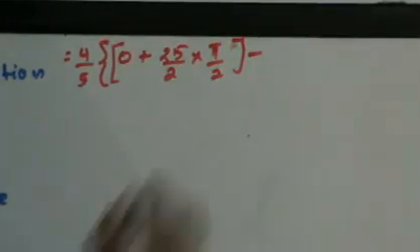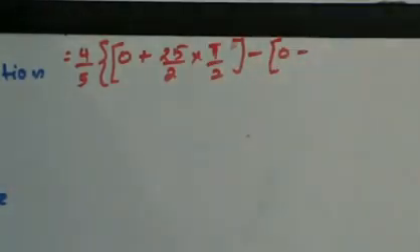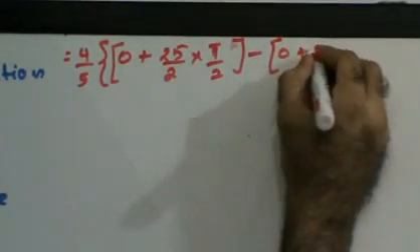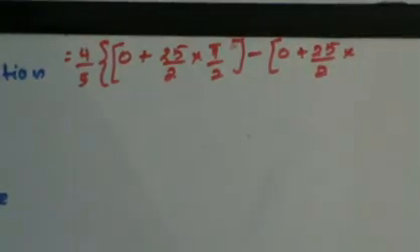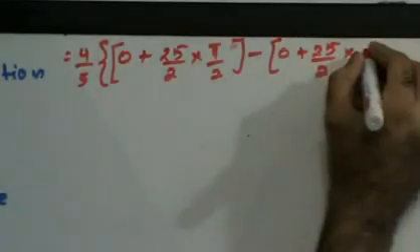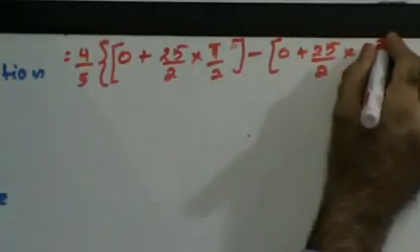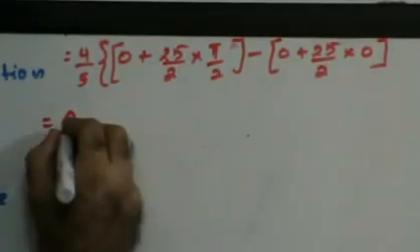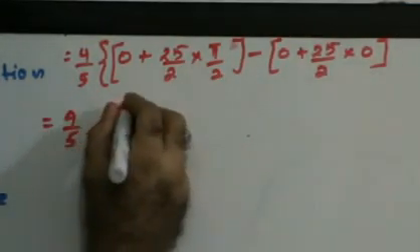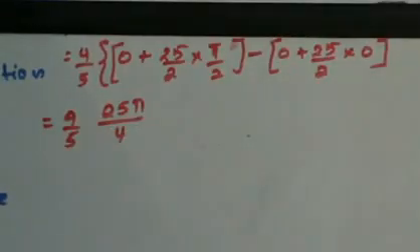Anything multiplied by 0 is 0. Right? Plus 25 by 2 into sine inverse of 0. Sine inverse of 0 is 0. Right? So in that case, you will have this as 25 pi by 4.